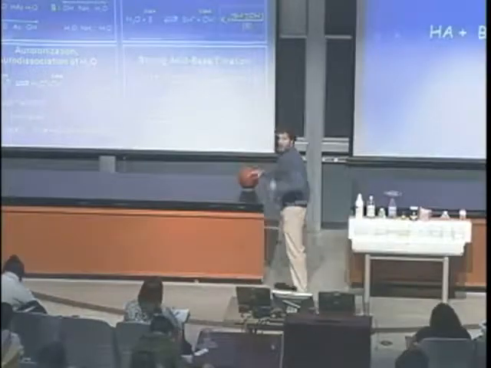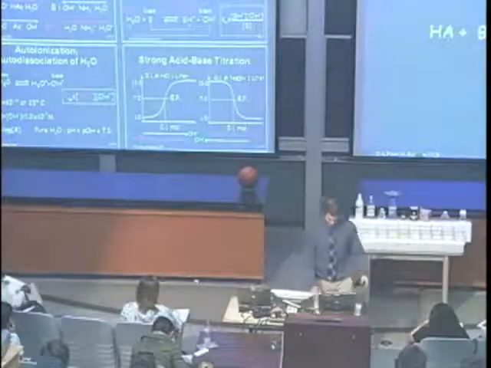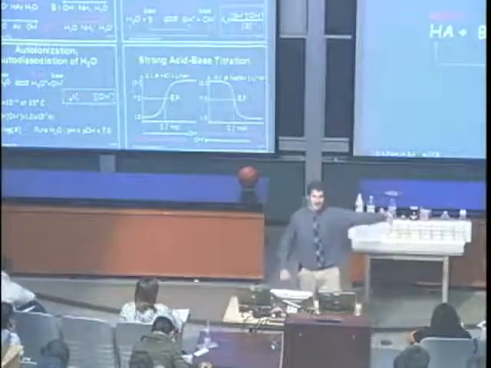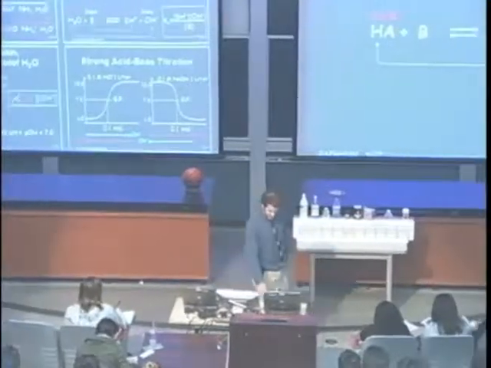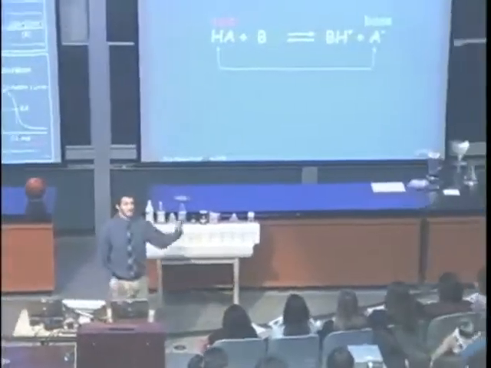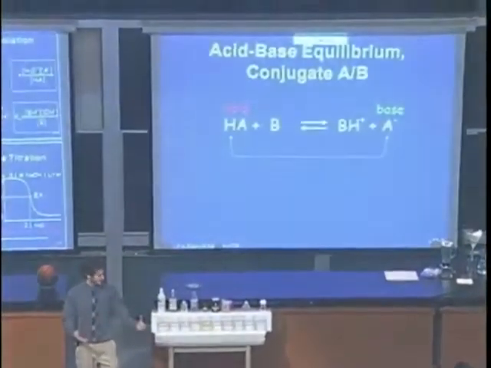But what we're getting after here is that when we have an acid-base equilibrium, I have my acid that wants to give up the proton. But once it gives up that proton, then it can act as a base.